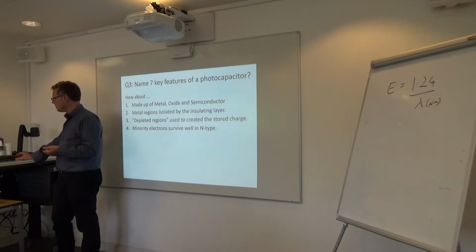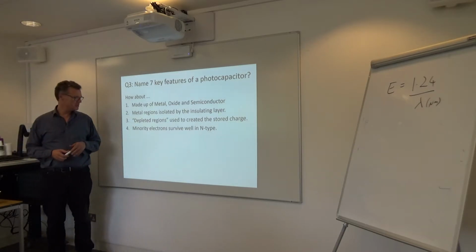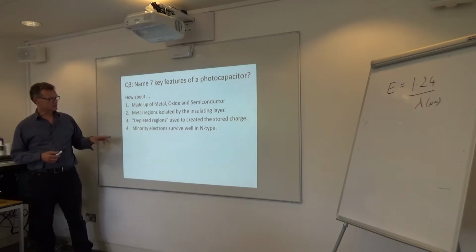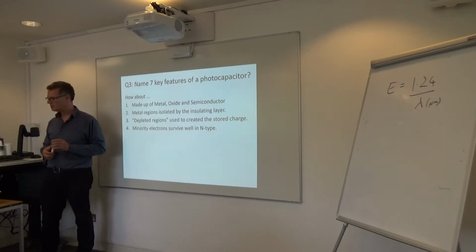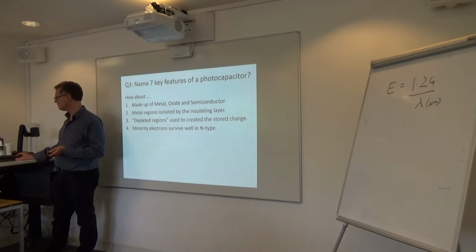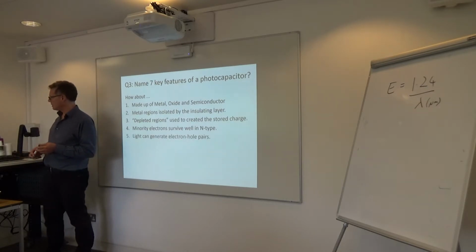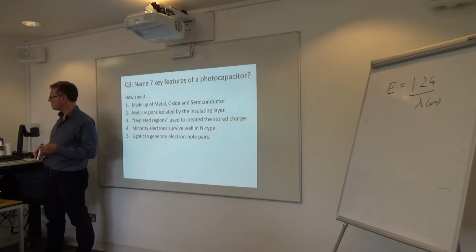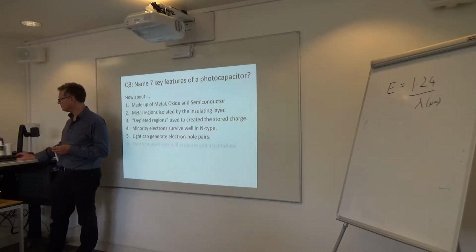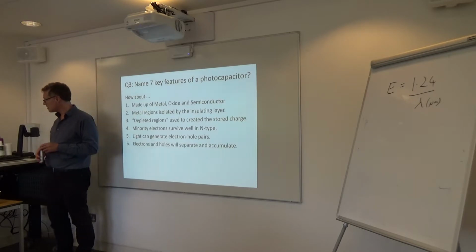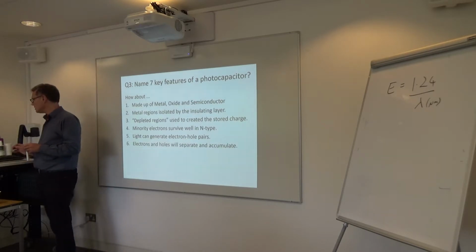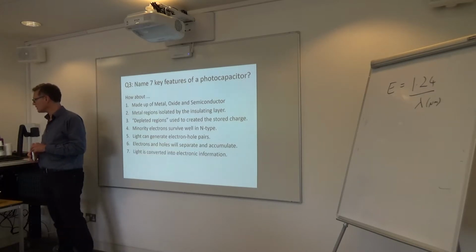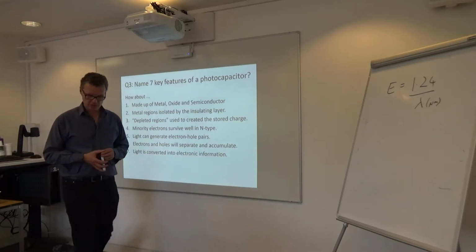You're going to have minority electrons in the well, and that would be a good buzzword to say for photocapacitors. We could generate electron hole pairs. The electrons and the holes will separate and accumulate, and light can then be converted into electronic information.